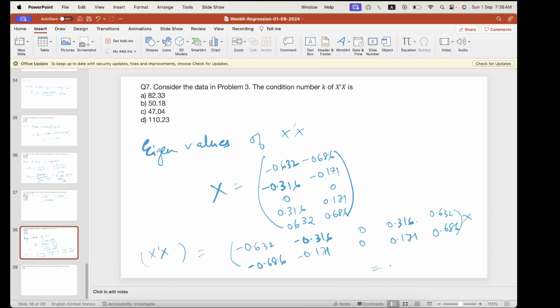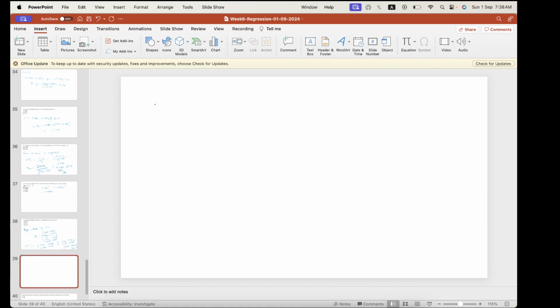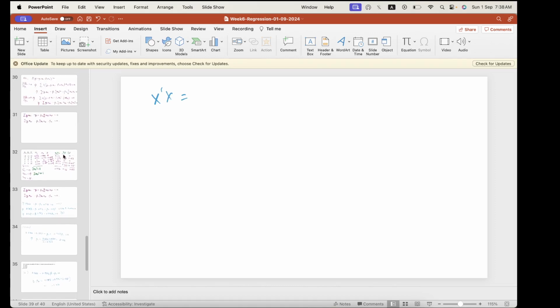Okay, so this will be actually summation x1 square, this diagonal will be summation x2 square, and the off diagonals will be summation x1 x2. Alright, so we have our x matrix ready, because x prime x, summation x1 square is how much?